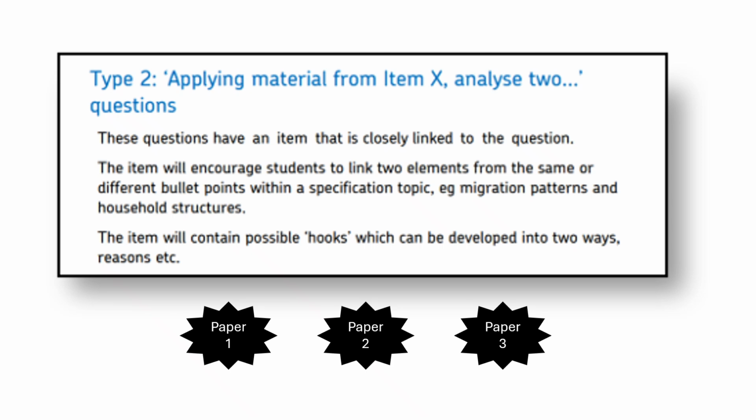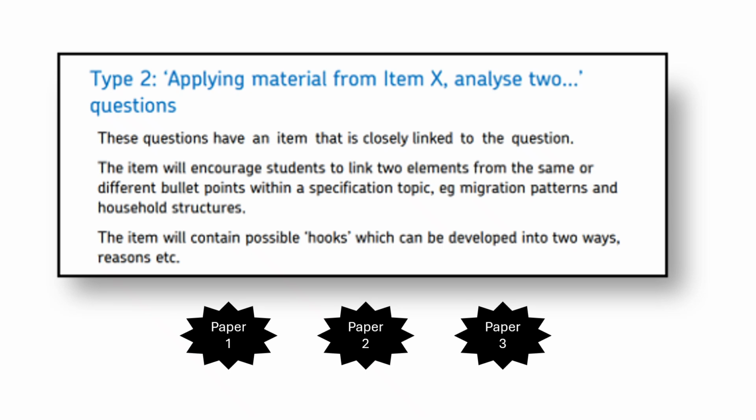However, what's quite tricky is when they actually combine two different topics or chapters from your specification. So it could be something like analyse two Marxist approaches to understanding the dark figure of crime. So they've linked Marxist ideas on crime and deviance from your topic when you looked at the role and purpose of crime in society with measuring crime.